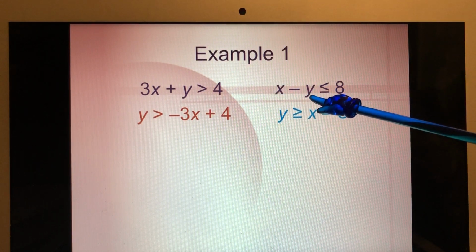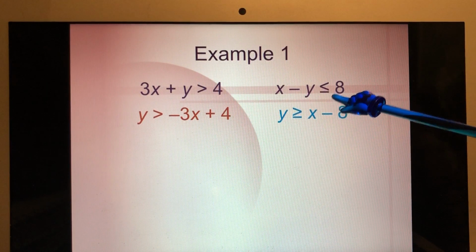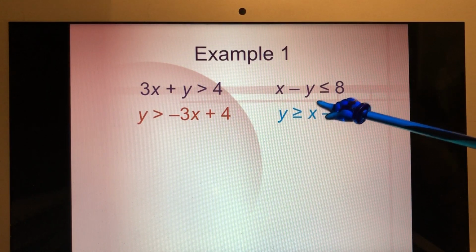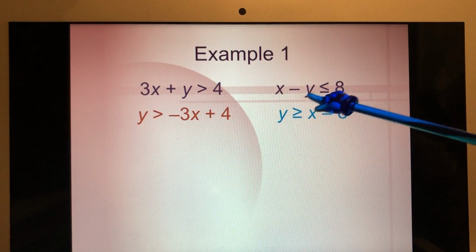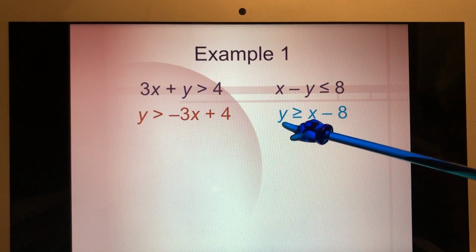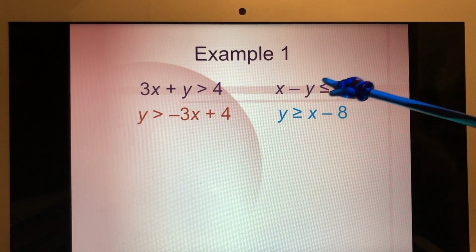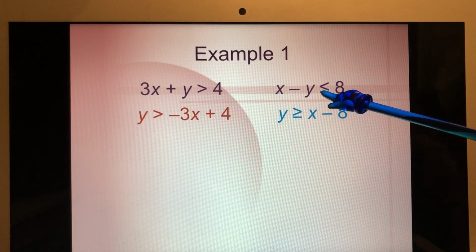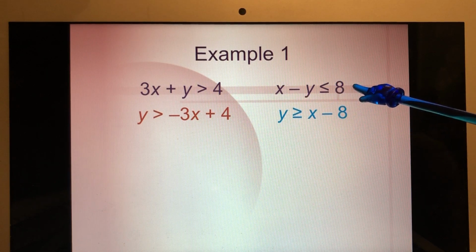And then here we have x minus y is greater than or equal to 8, or less than or equal to 8, because we need to get y by itself. Then -y is less than or equal to 8 minus x, or x minus 8.